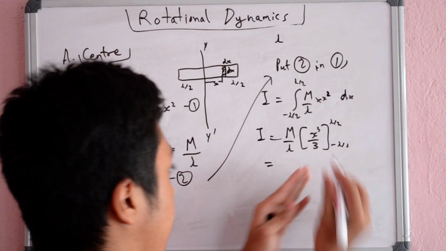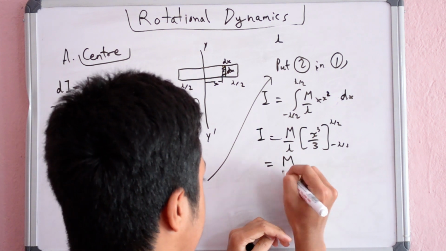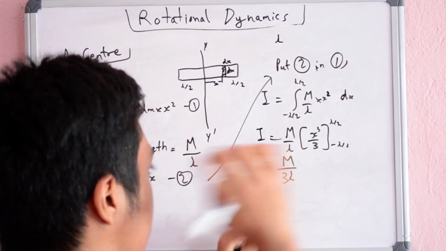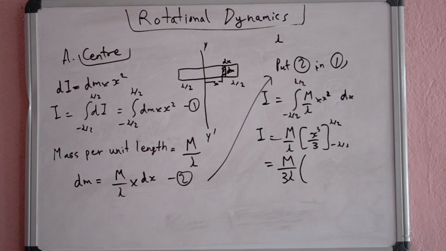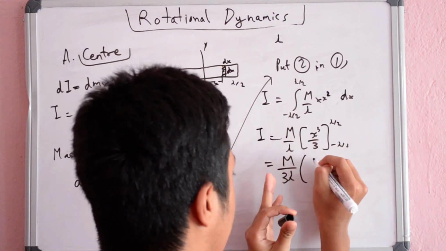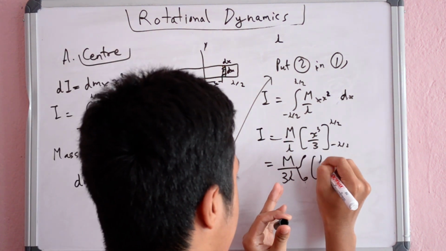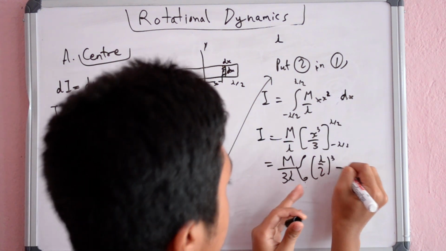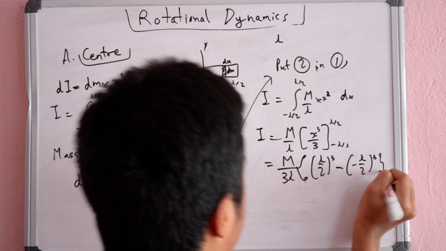So, let's just take the 3 outside, because the 3 is also a constant, M by 3L, and this goes from minus L by 2 to L by 2. Let's write in big curly bracket, L by 2 whole cube minus minus L by 2 whole cube.